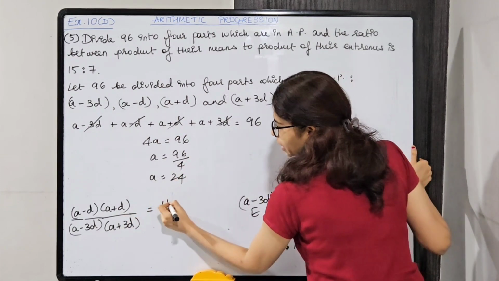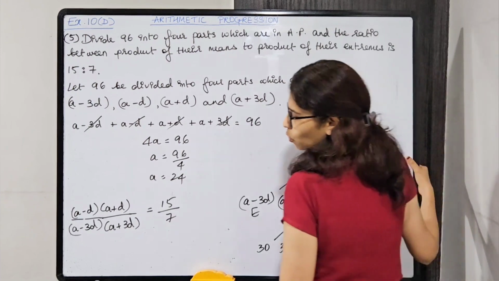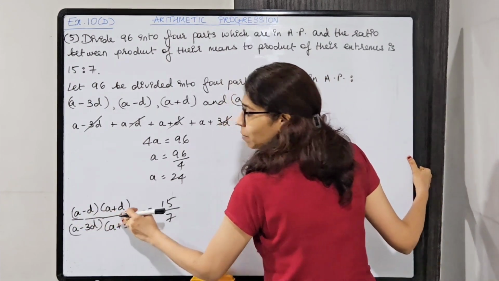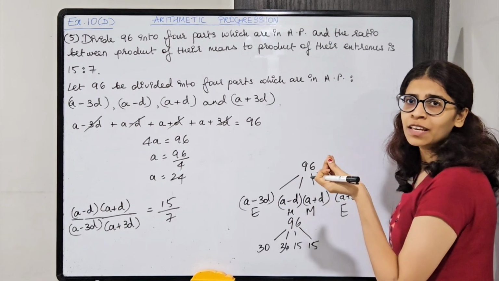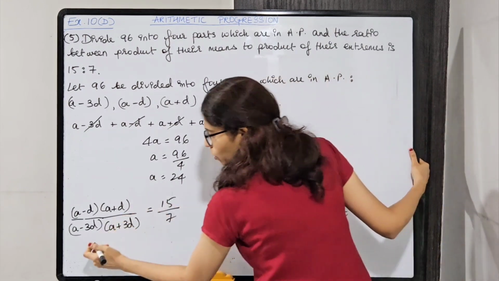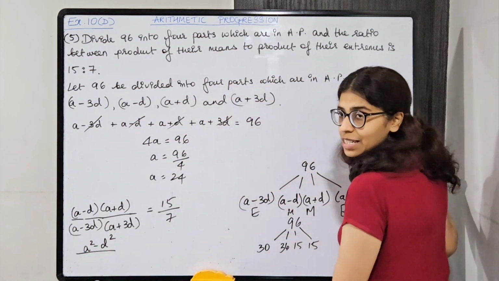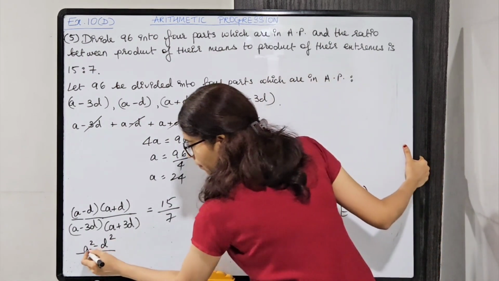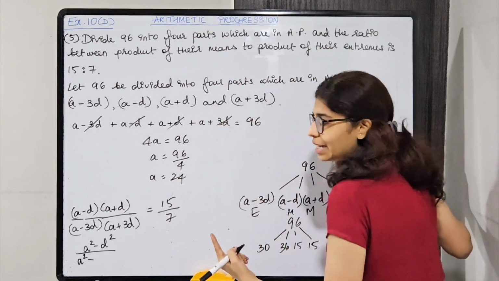It is 15 upon 7. Okay, so a minus b into a plus d. In place of b you have d. तो a minus b into a plus b क्या होता है? a square minus b square. So यहाँ पे हो जाएगा a square minus d square. Same thing for denominator. a square minus b की जगह पे 3d है.